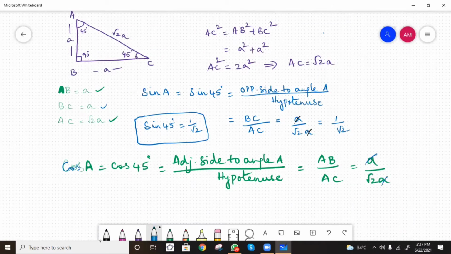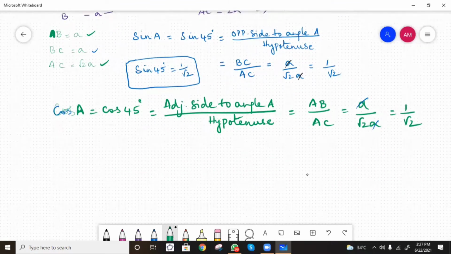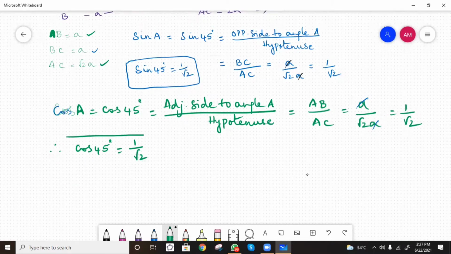We got 1 by root 2. So what is cos 45 degrees? Cos 45 is equal to 1 by root 2. So we got sin 45 as 1 by root 2 and cos 45 also 1 by root 2.